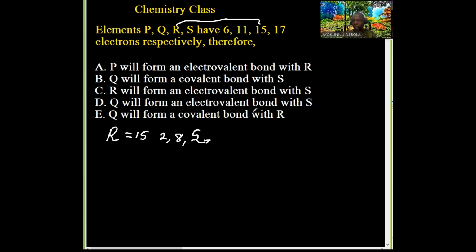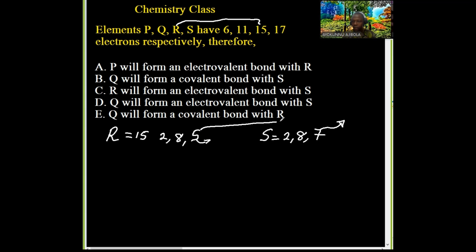Then S is the last one, which is 17. That is 2, 8, 7. So this is 7 in the outermost shell, okay?